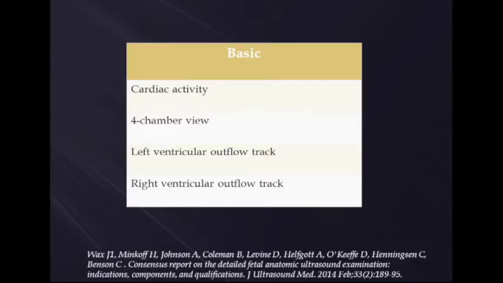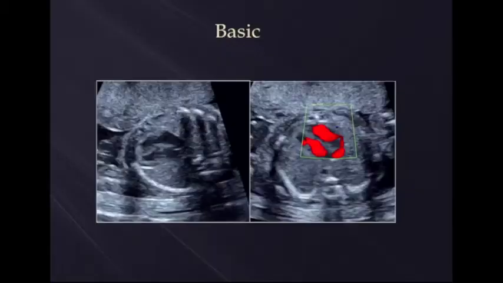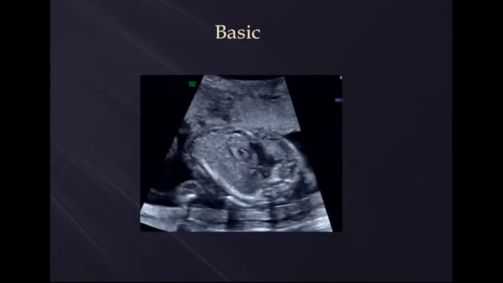What they called a basic exam would be what previously would be included as the 76811, not the expanded 76811. So they included obviously the four-chamber view of the heart and the left and the right ventricular outflow tracts. So a basic exam would include, as shown here, a four-chamber view of the heart, as well as outflow tracts.